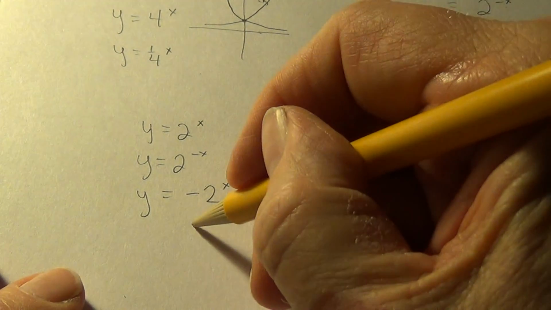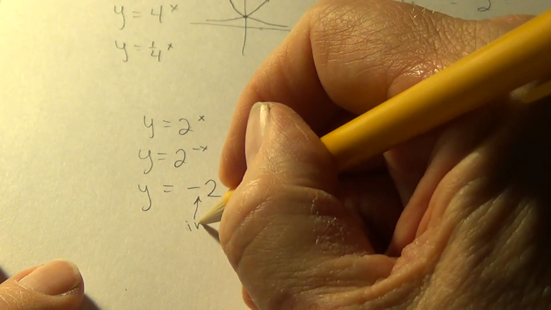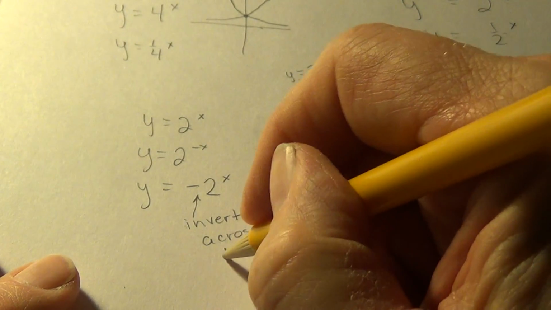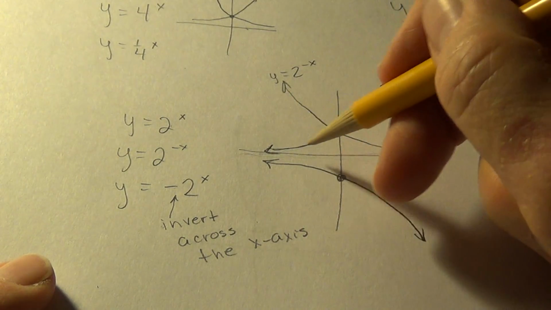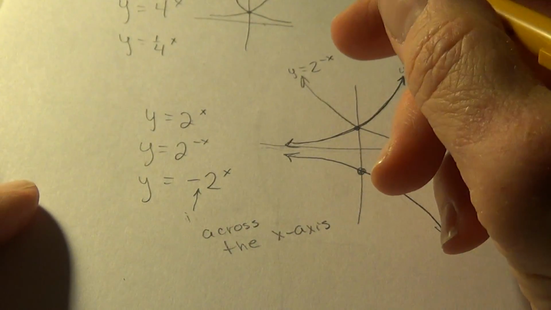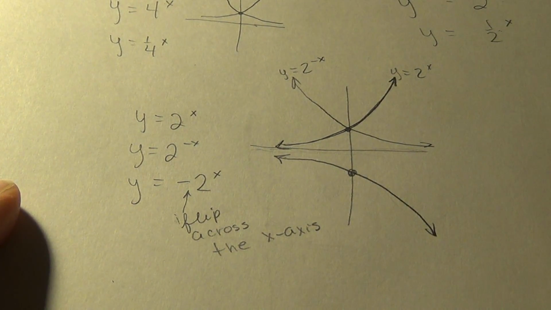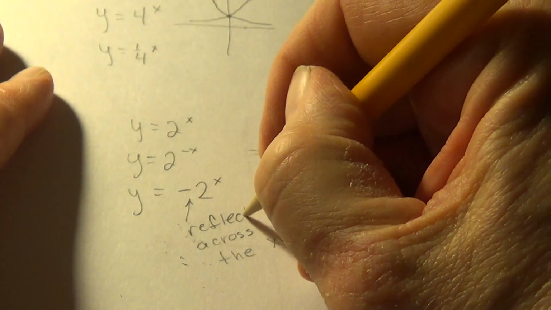So this negative sign in front will invert across the x-axis. So do you see, this is an inversion of that. We'll say flip across the x-axis. I'm not sure what a good word is for that. Flip across the x-axis, and I know, we'll use the math word. Reflect. Reflect across the x-axis.